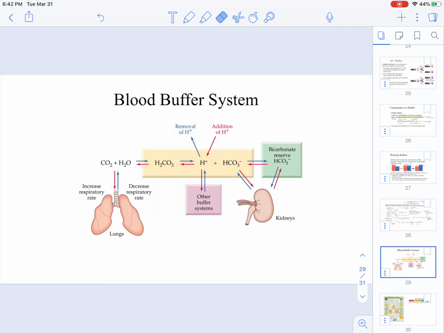I'm going to now talk a little bit in detail about the blood buffer system. The human body has several buffer systems in order to control its pH.